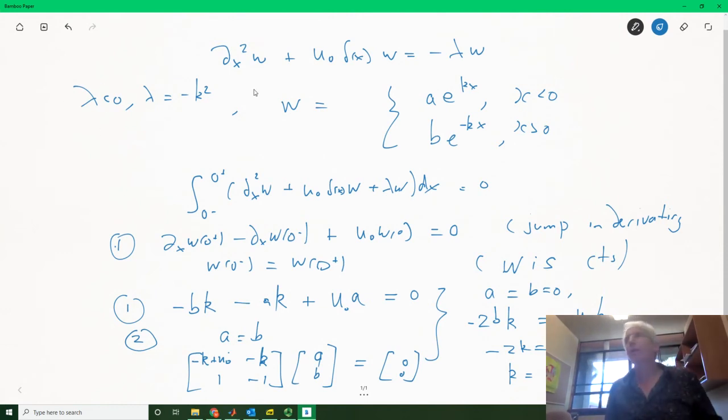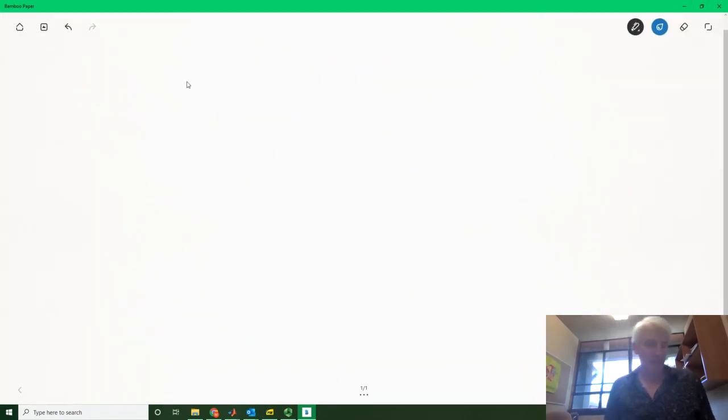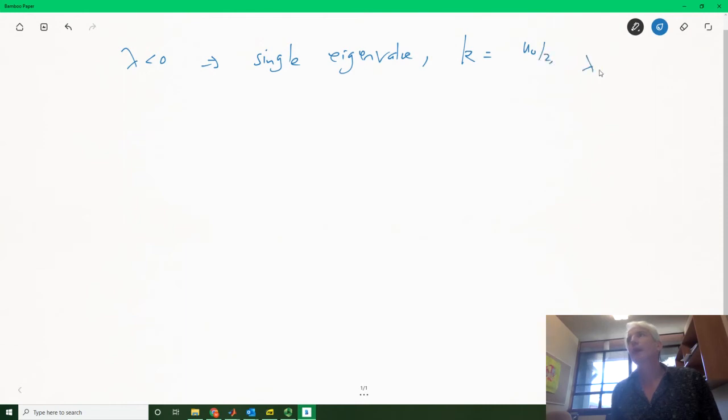We find a single eigenvalue. If lambda is less than 0, there is a single eigenvalue with a single eigenfunction, given by k equal to u naught over 2, and lambda is minus k squared.